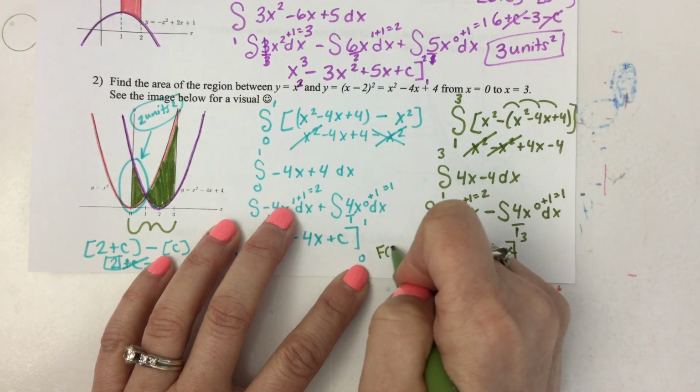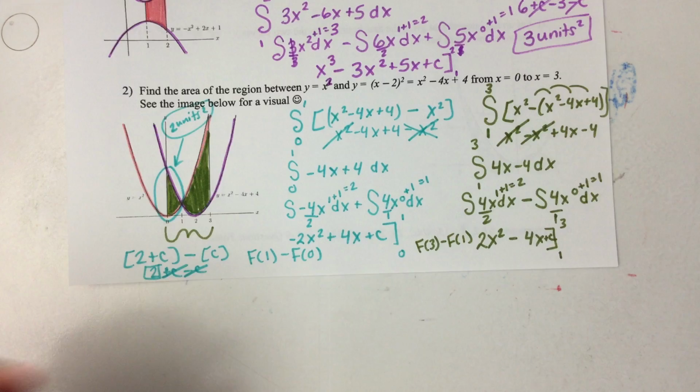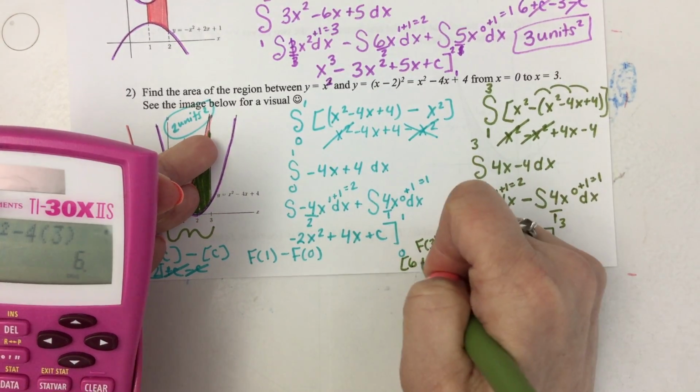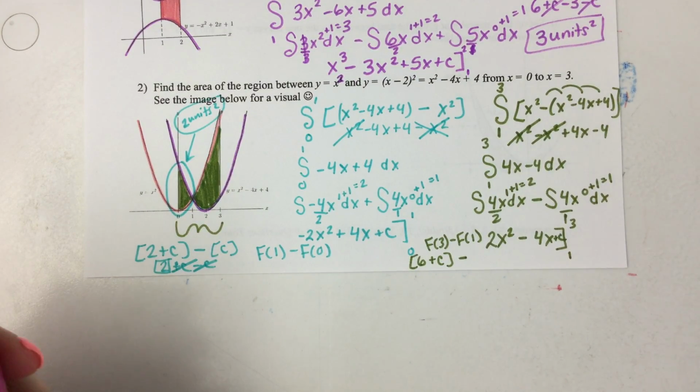So if I do the fundamental theorem of calculus, I have to first fill in a 3. So 2 times 3 squared minus 4 times 3. This ends up being 6 plus c minus, now if I fill in a 1, wherever there's an x, put a 1 in that location.